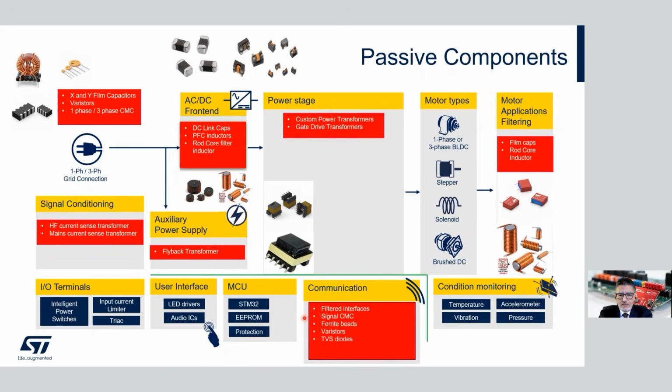These are geared for the various different comms interfaces, be it USB, LVDS, RS-232, 485, etc., that you might be using for this type of application. So there's an adapted type of filter topology. And that sort of covers the generals from a passives point of view from the Würth side of things.